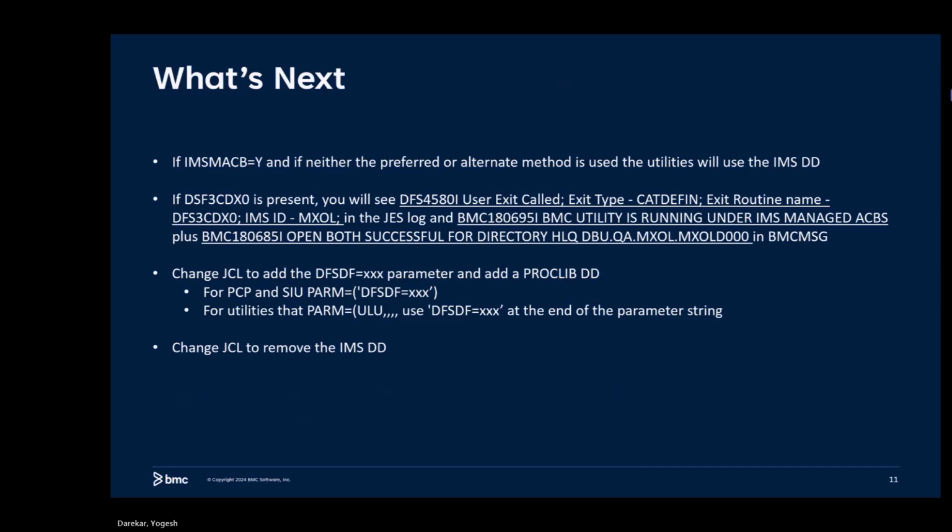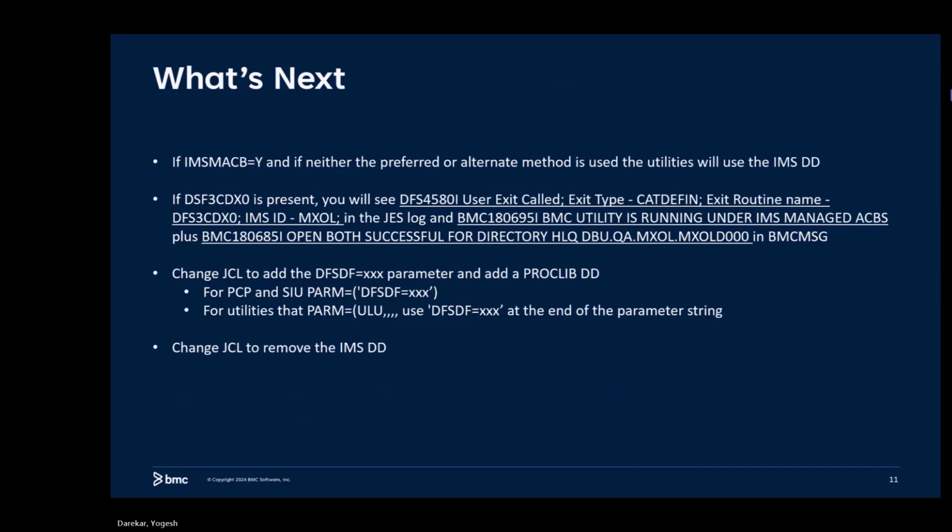And then next, we just have some statements that show how the parameter list is defined. For PCP and SIU, we do it a little bit differently compared to the other utilities, and for that we just do PARM= as you see there.